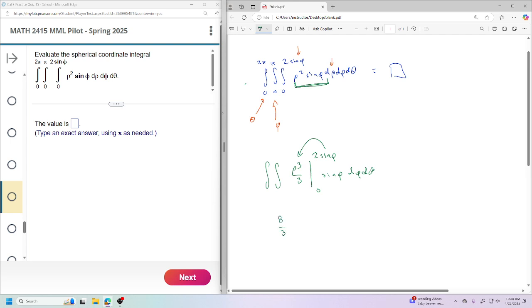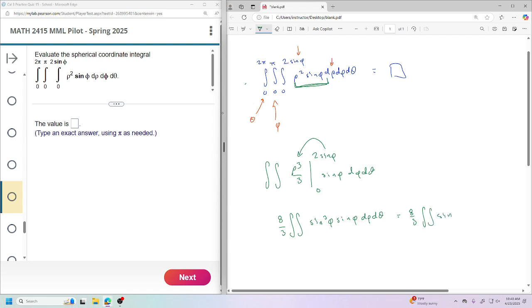So now I have 8/3 in the front. Double integral of basically sine cubed phi times sine phi. And that's where I'm nervous and I don't like this problem anymore. Am I correct so far? That's sad.